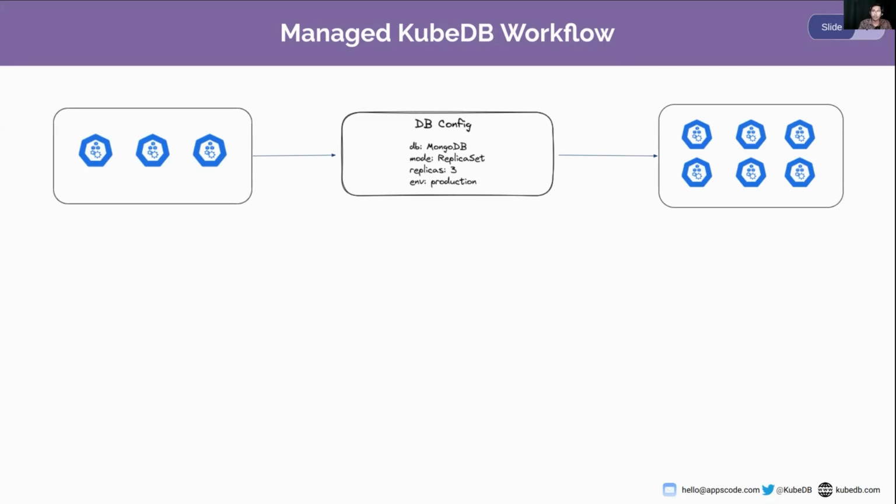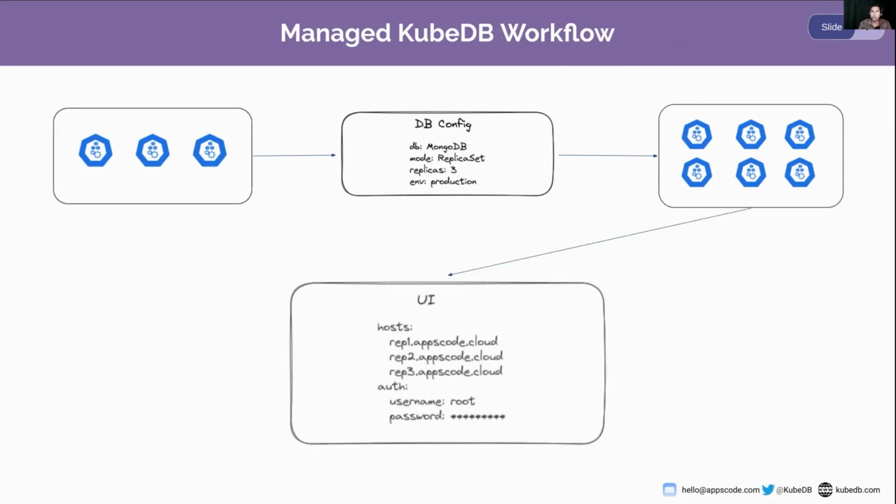And then finally, for the access part, we will tell you in our UI the host names of the database, also maybe the auth secrets, so that you can connect from your application to the database. So that's our managed database workflow at a high level.